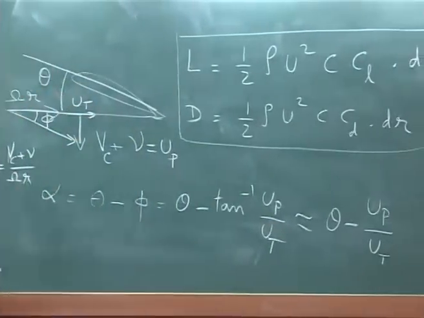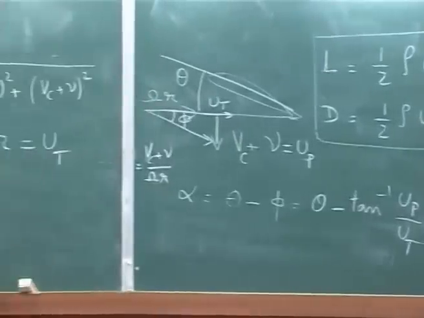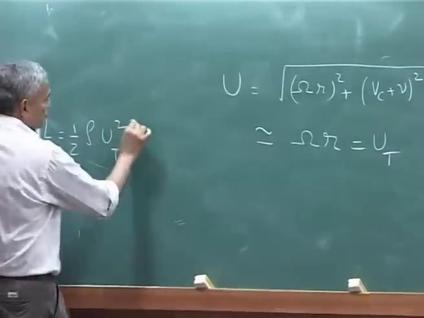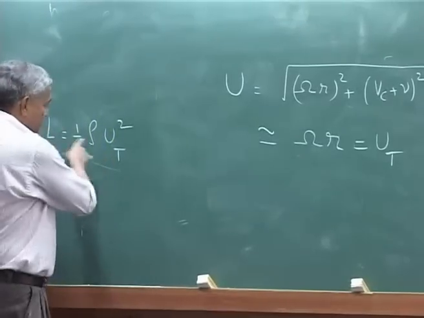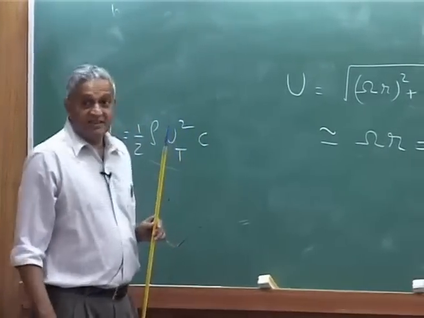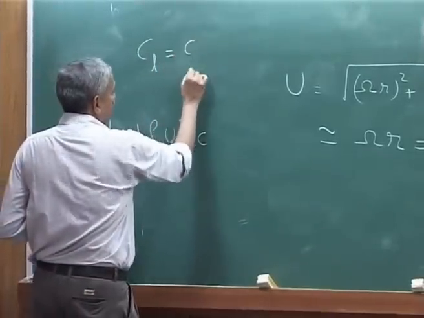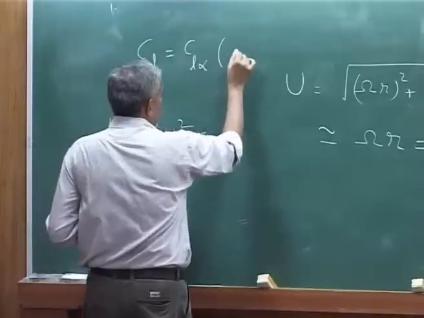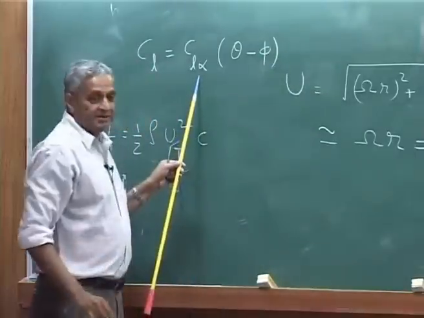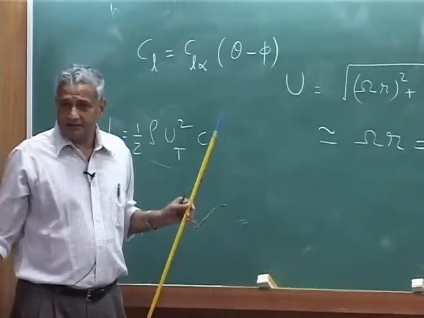Now, I go back and write my lift as half rho ut square, this is an approximation I am making, and c. Now, what is my CL? This is from your elementary aerodynamics, CL alpha, the lift curve slope, times the angle of attack.